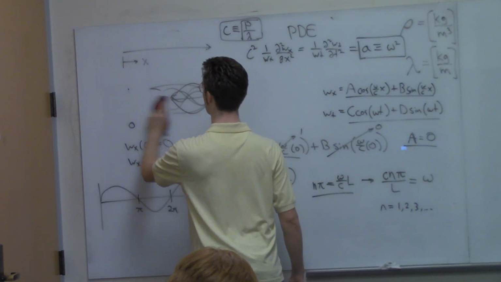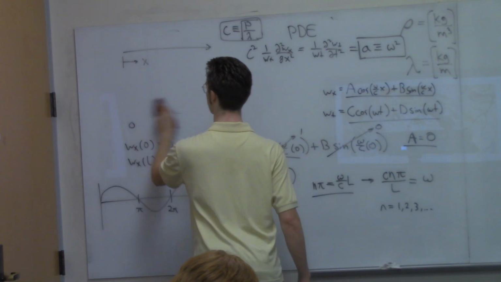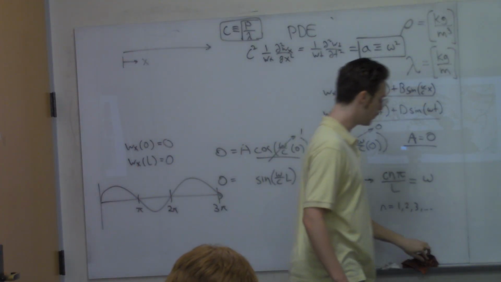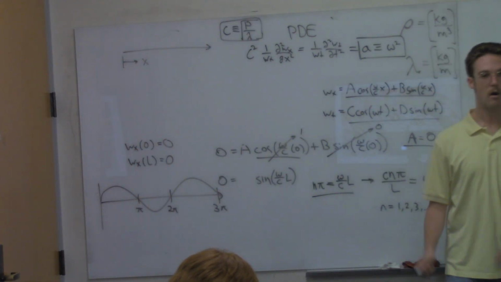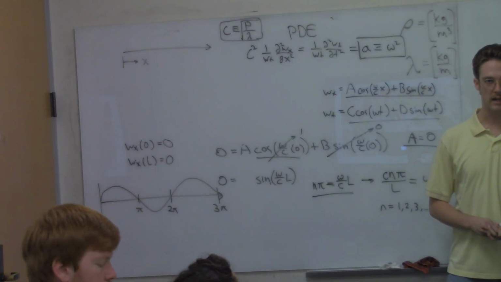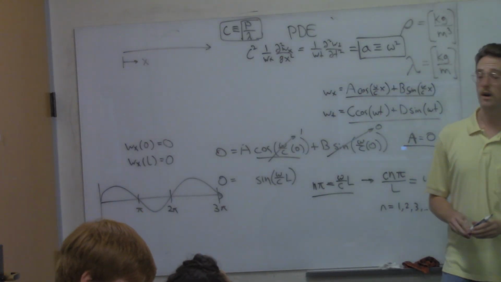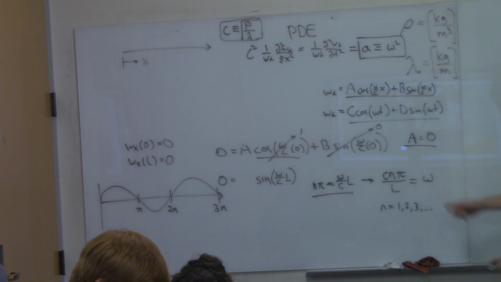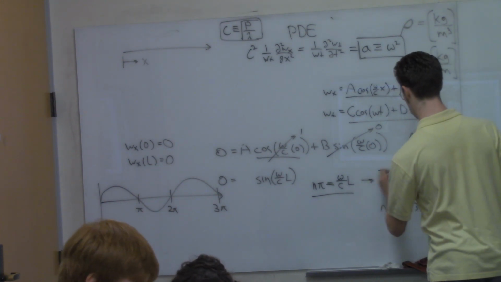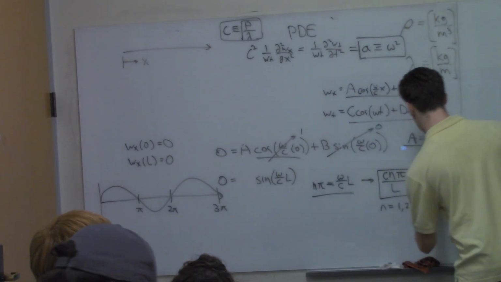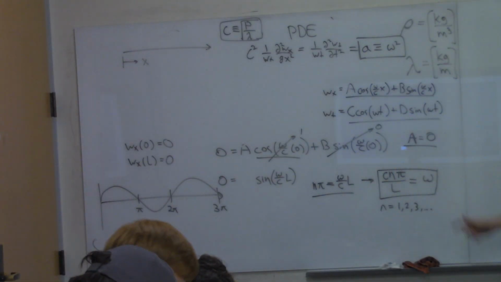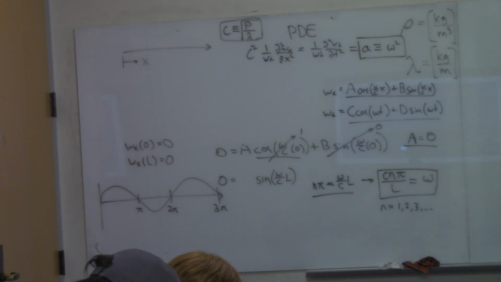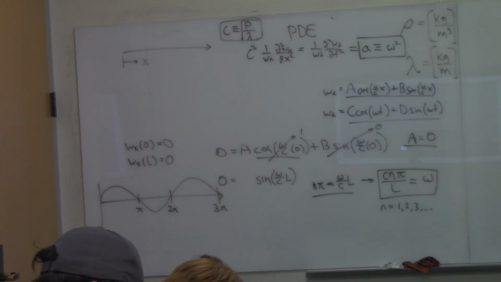And that's for fixed. We could go through exhaustively all the other different types of boundary conditions that we're going to need to know, but that would take a lot of time. So, for fixed, this is our equation. And since n can be equal to any integer, you can have any integer multiple of your fundamental frequency for the system.